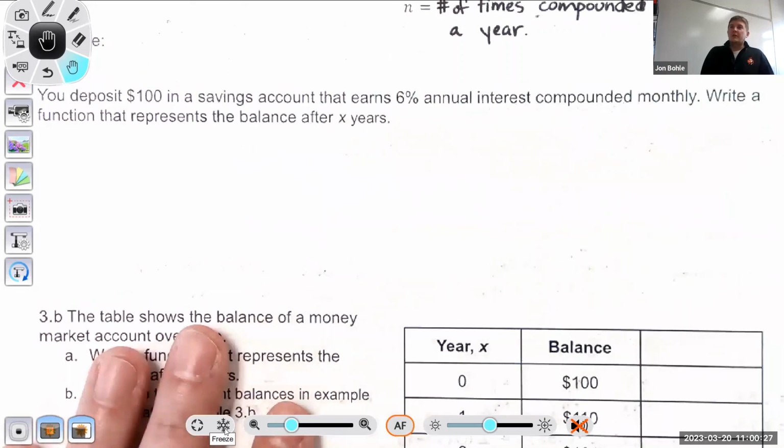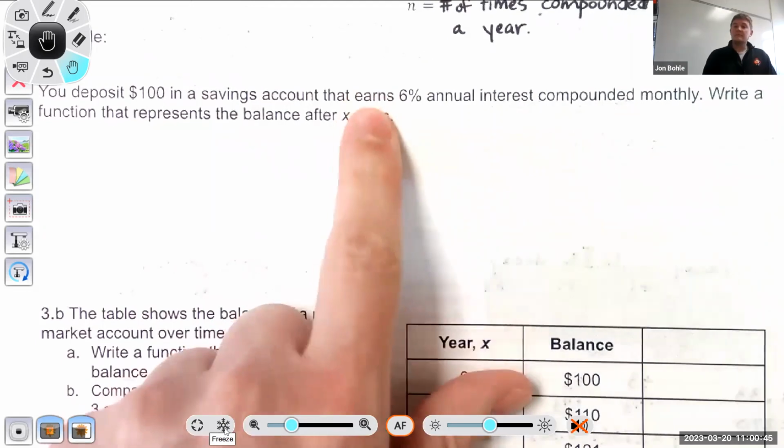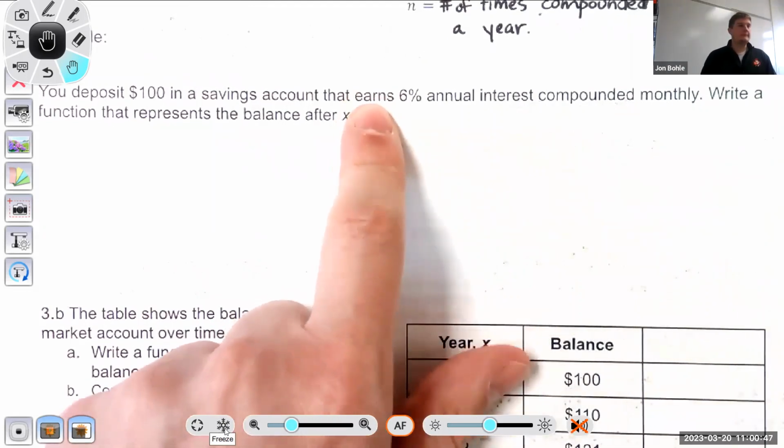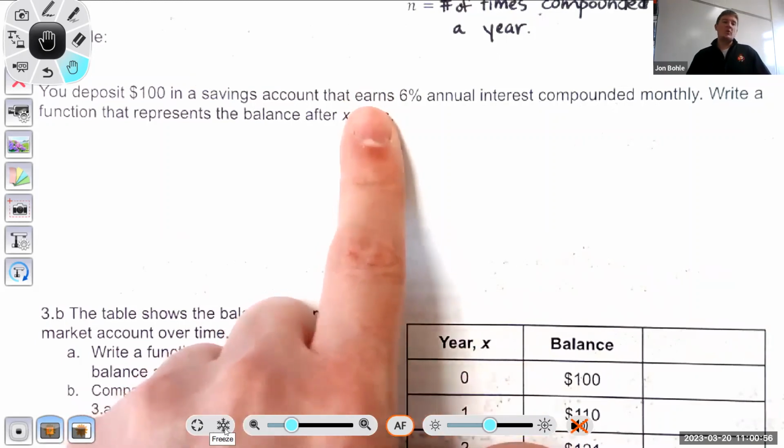Okay. 3A, you deposit $100 in a savings account that earns 6% annual interest compounded monthly. Write a function that represents the balance after X years. Earns, growth or decay? If I'm earning money, 6% of my money, growth. Now it's a matter of, is it regular exponential growth, where it's only happening one time every year?